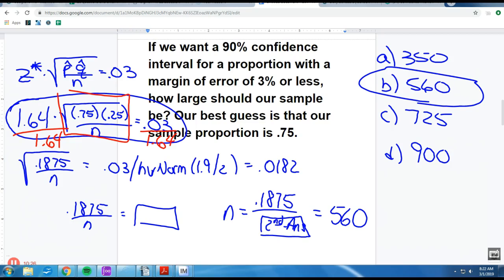Only I'm trying to be more precise by not using 1.64 and typing the inverse norm. Did you get something different there? Or did you just carry it through in your calculator? I probably just did it. Okay. Any other questions?